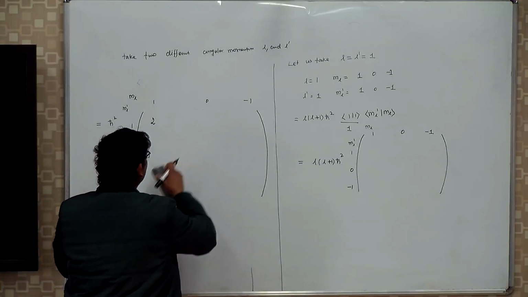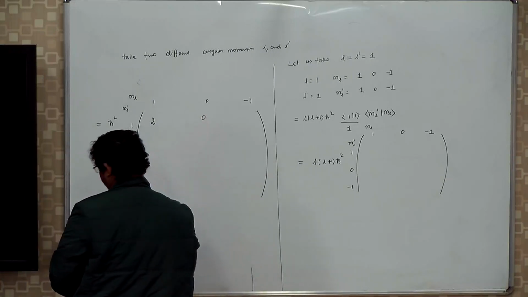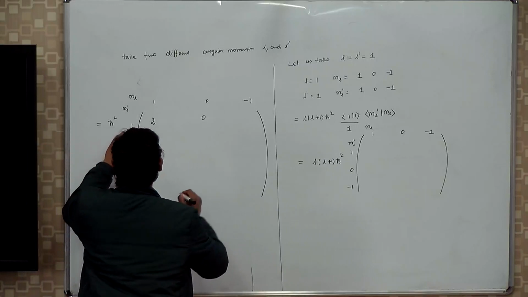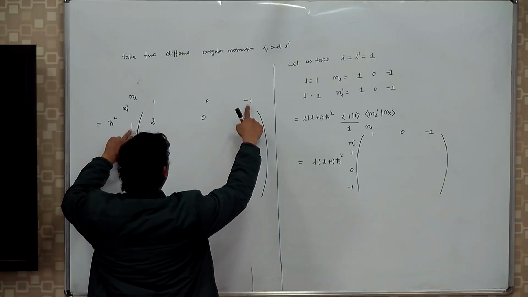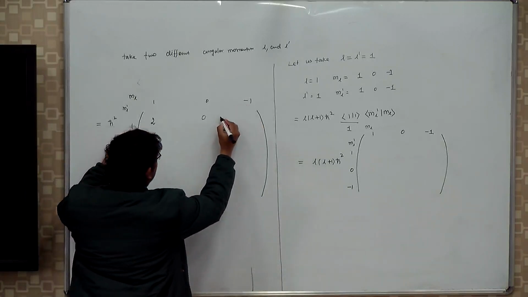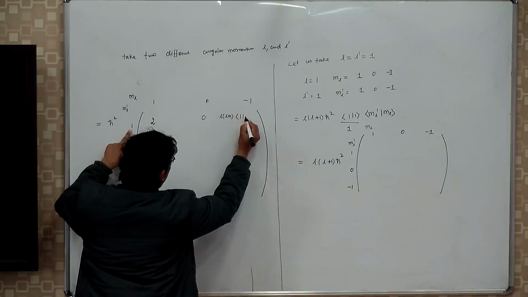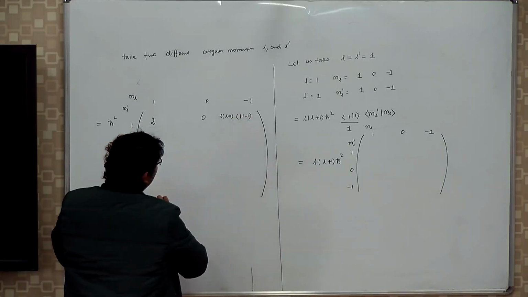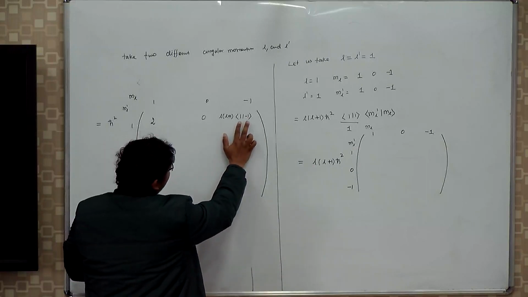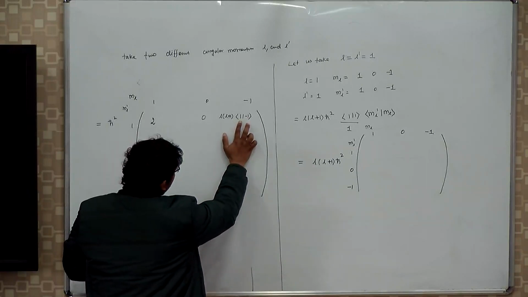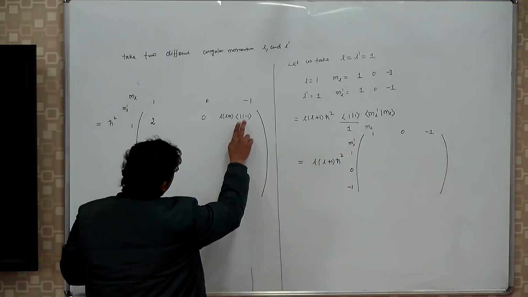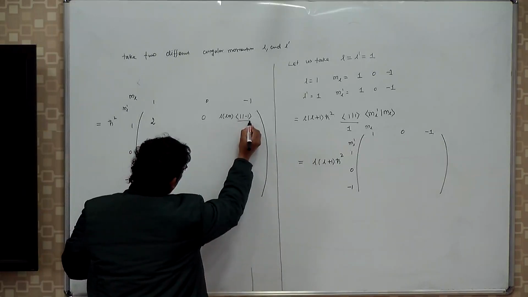Then this will be 0. And for the inner product between 1 and minus 1, according to the Kronecker delta function, the inner product between two different states will be 0.